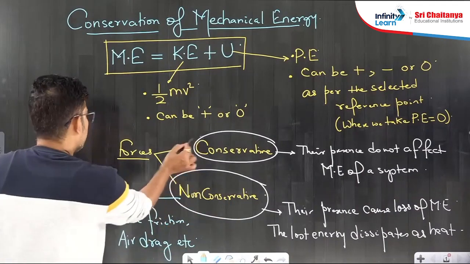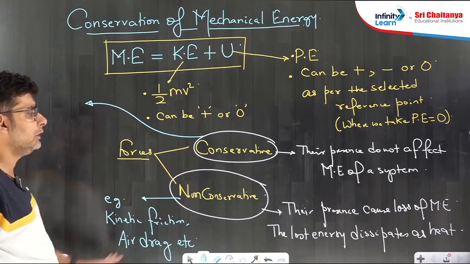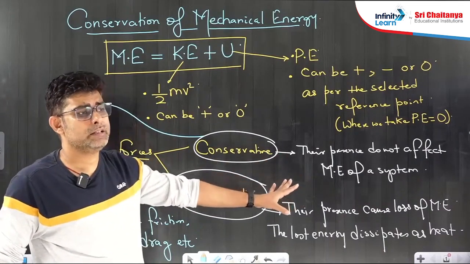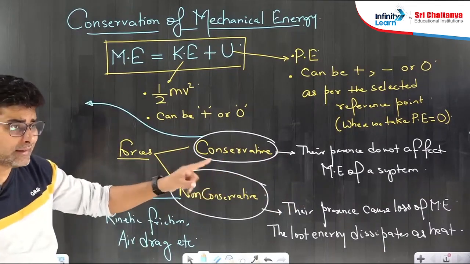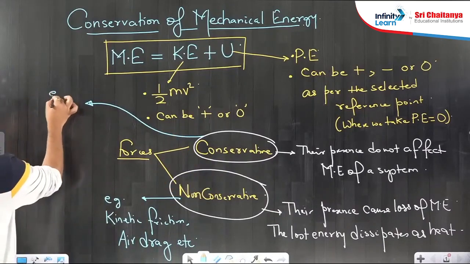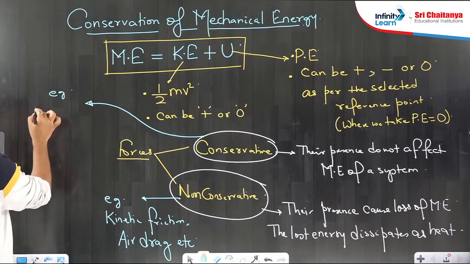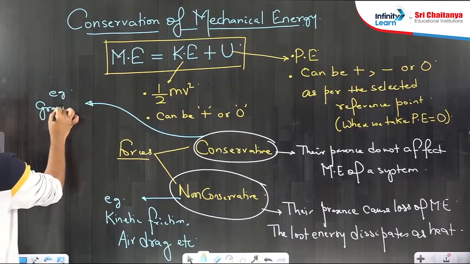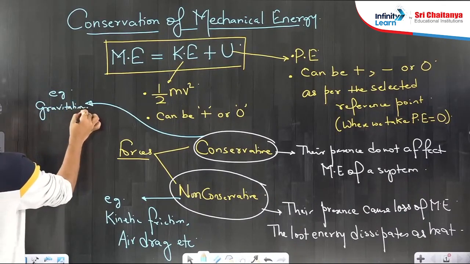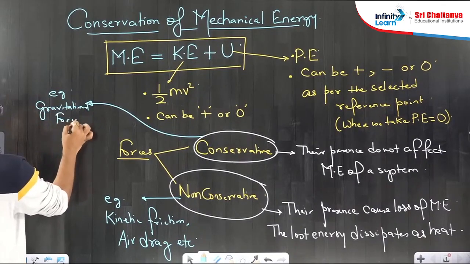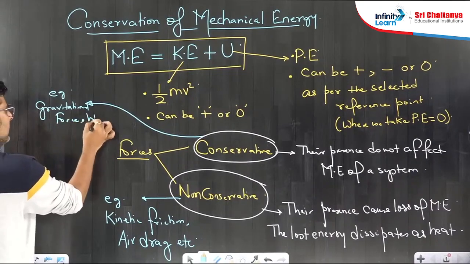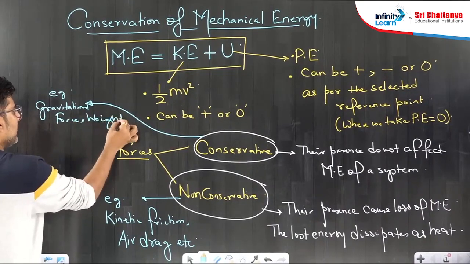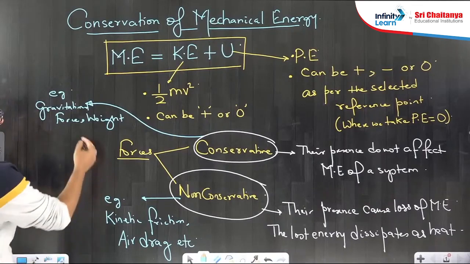Whereas there are some forces which do not affect the overall mechanical energy of the system, means the mechanical energy remains conserved. Such examples presently we will be dealing with: gravitational force, weight is also a gravitational force exerted by a planet.